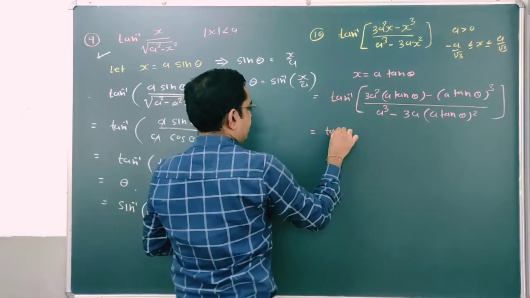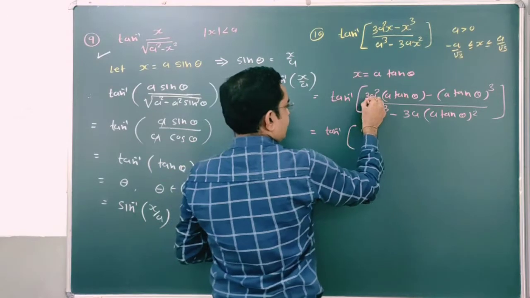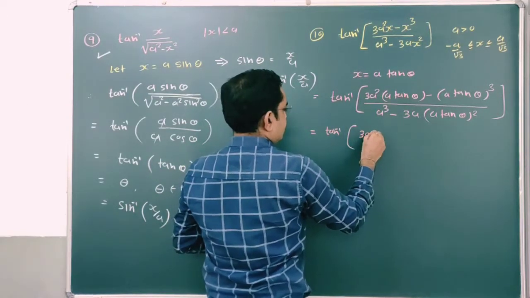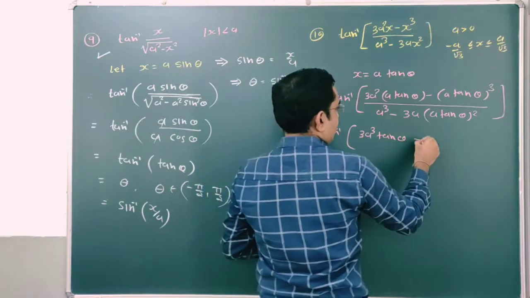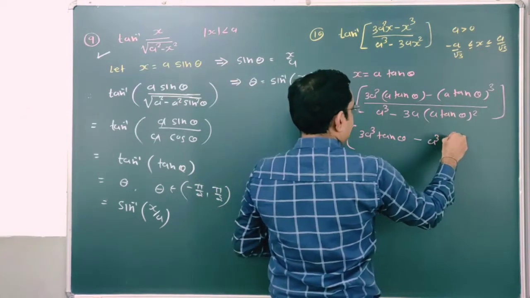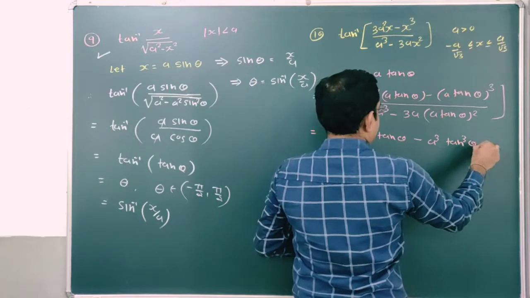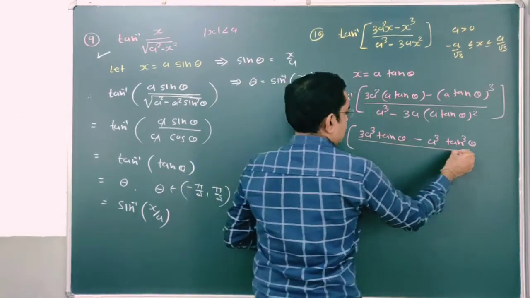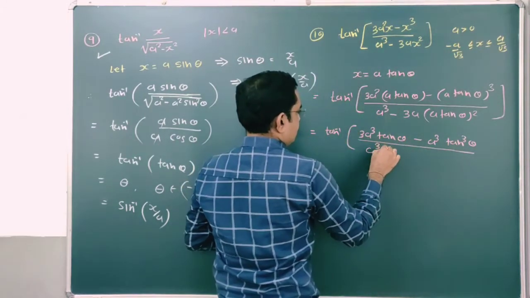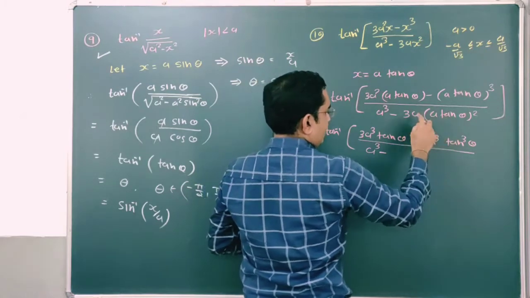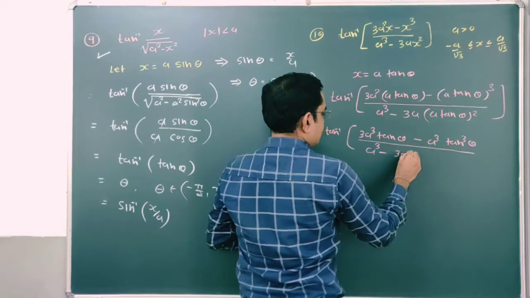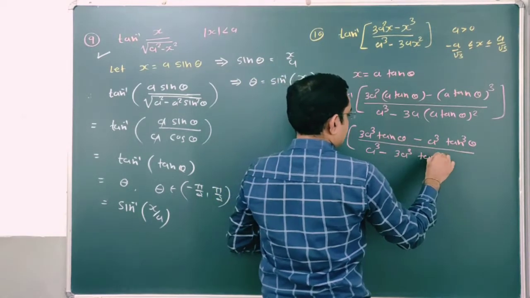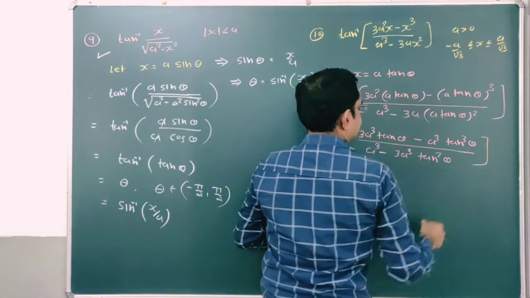Now simplify this one. So this one is tan inverse 3a square into a, so it's 3a cube tan theta minus a cube tan cube theta upon a cube minus 3a square tan square theta. So 3a into a square is 3a cube tan square theta. Done.